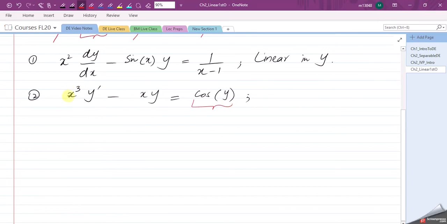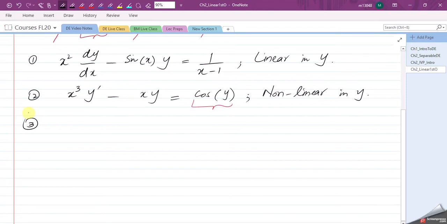This part is okay. x cube y prime is a first order derivative without any powers. x is a function of x, minus x and then y power 1, that's fine. But cosine of y is a transcendental function of y which we cannot break. So this one is nonlinear in y.